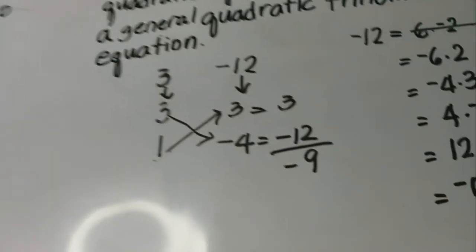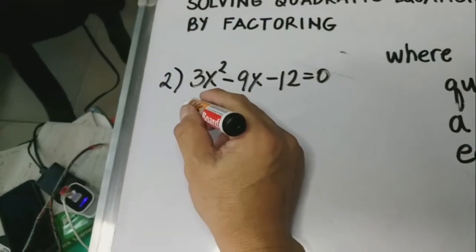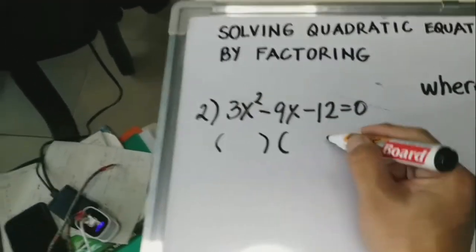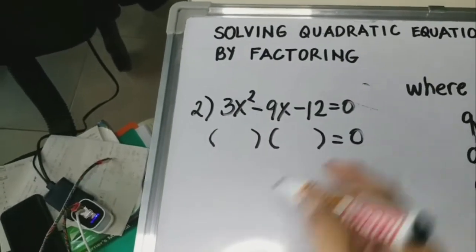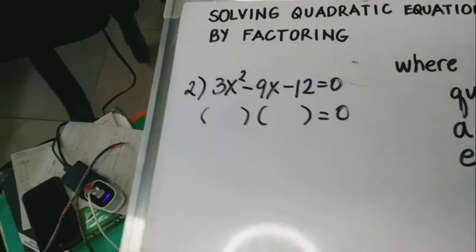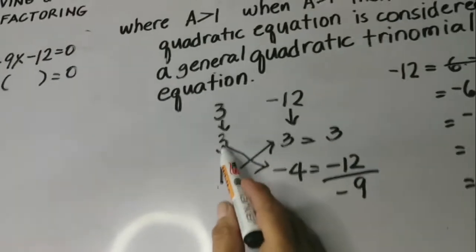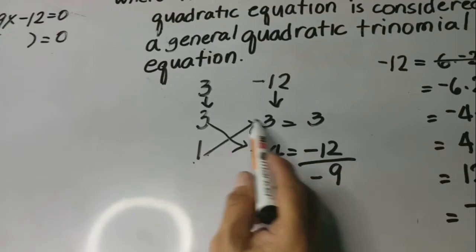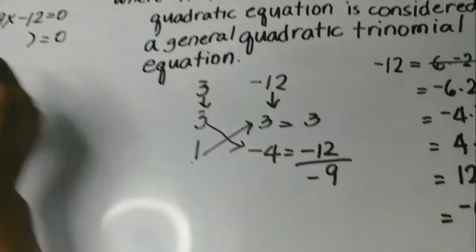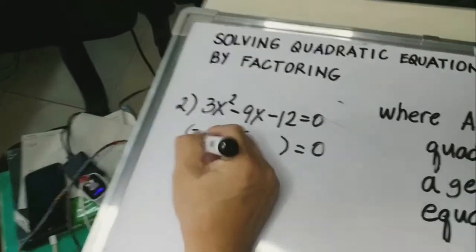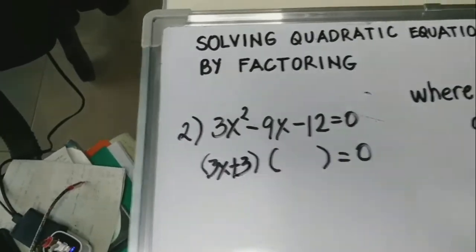So, you can write the factors. In factoring, write two sets of parentheses and equate this to 0. Then we have 3x, the partner is positive 3. Let's try 3x plus 3.